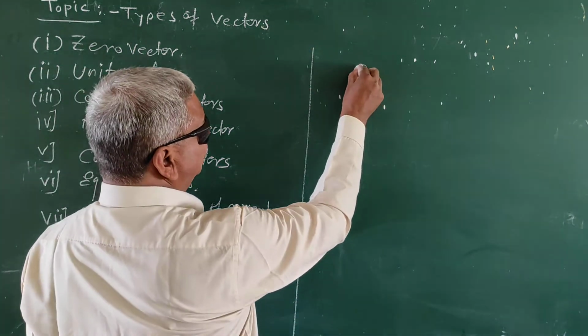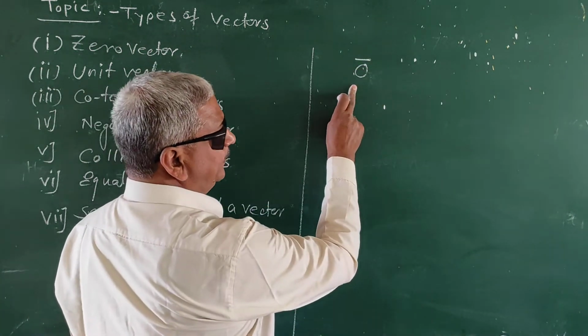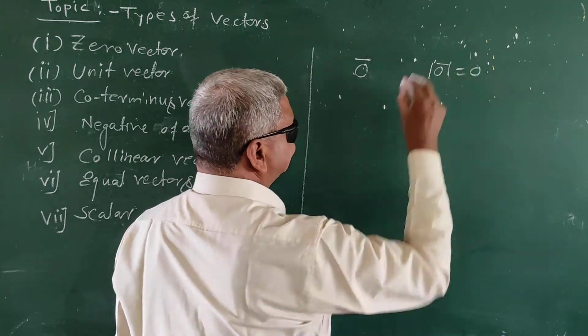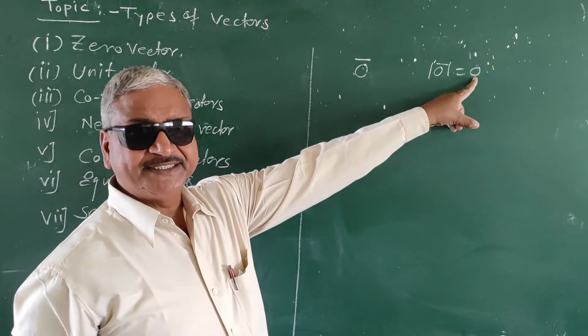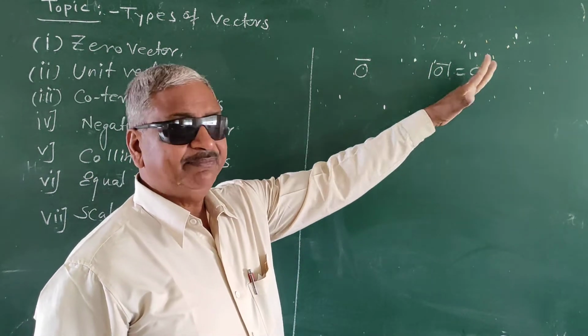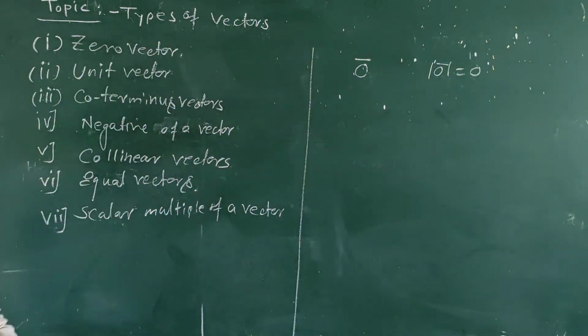Zero vector is denoted by O bar, and it is called a zero vector because its magnitude, mod of O bar, is 0. So very easily we can define: the vector having the magnitude 0 is called a zero vector.